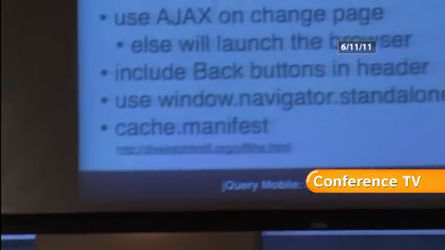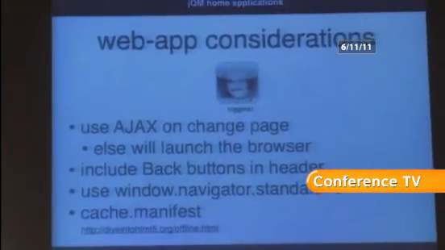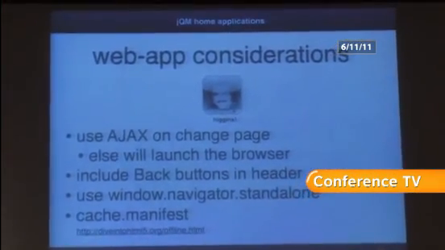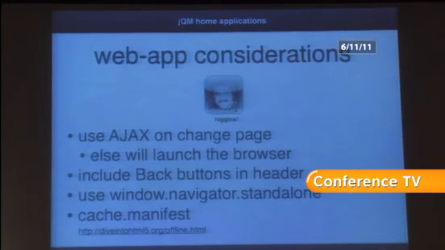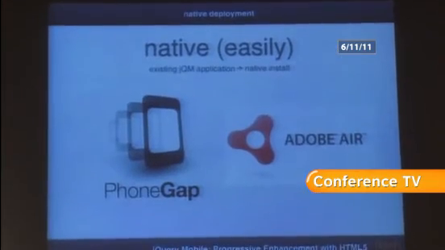And an easy way to test, especially with a web app, is window.navigator.standalone. Once it's on the home screen, if that property is true, it's considered on the home screen and not within the browser. You can easily test for that and then decide whether or not to show a back button, because the back button's not going to be available there.